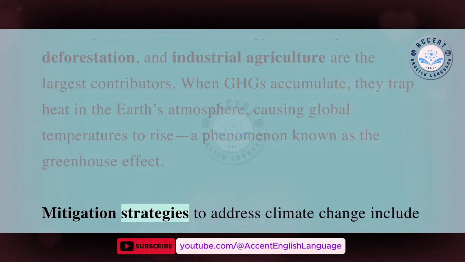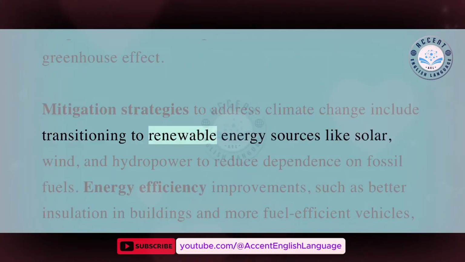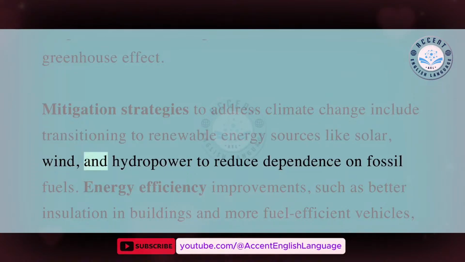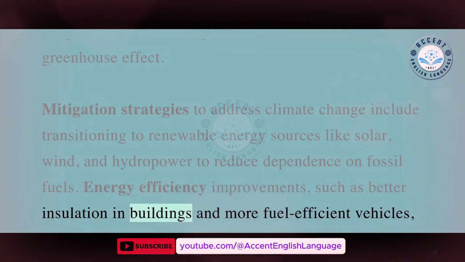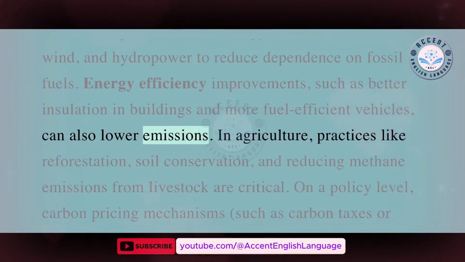Mitigation strategies to address climate change include transitioning to renewable energy sources like solar, wind, and hydropower to reduce dependence on fossil fuels. Energy efficiency improvements, such as better insulation in buildings and more fuel-efficient vehicles, can also lower emissions.